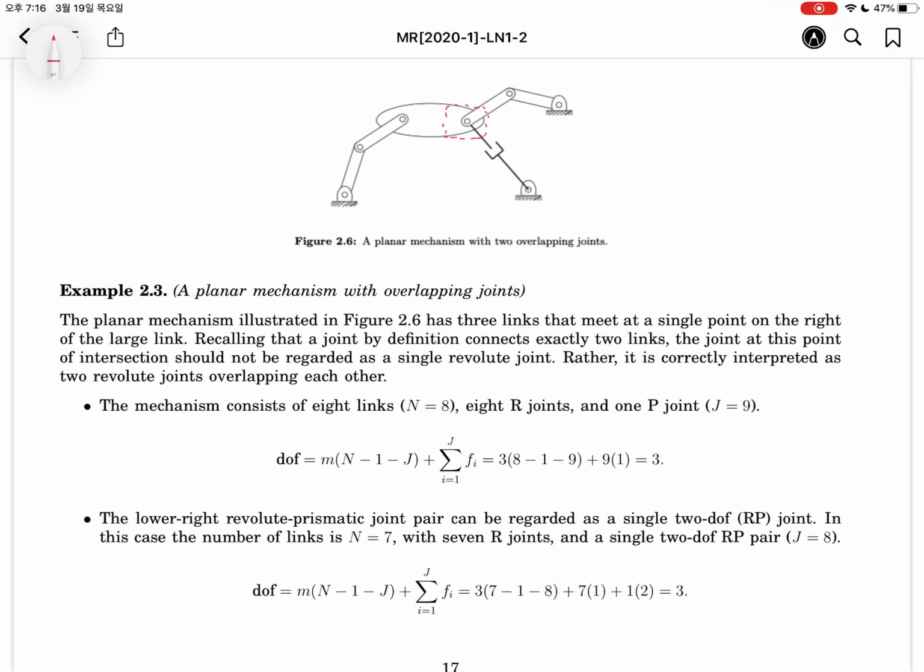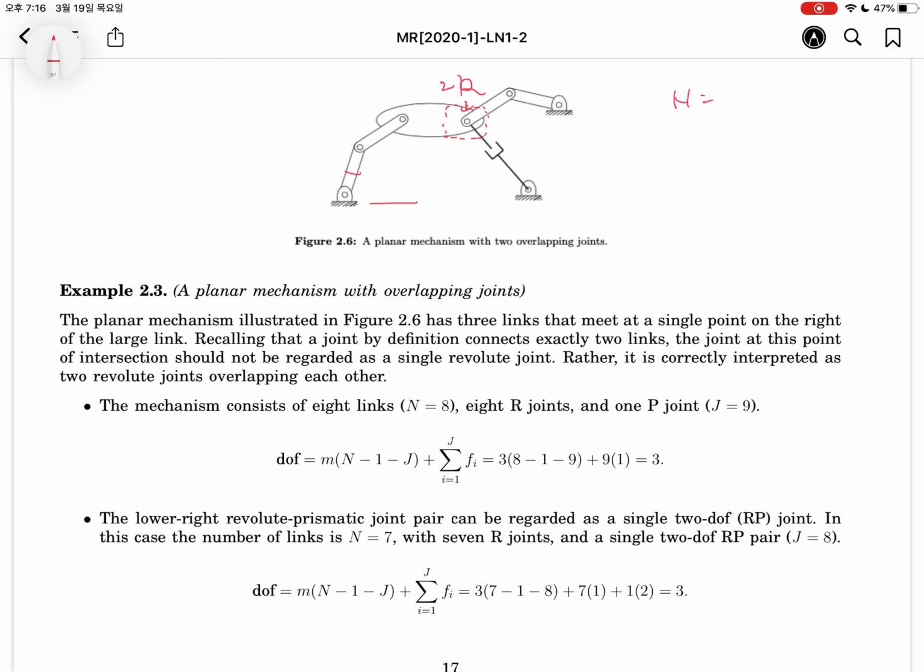It makes some problem. So let's assume that the joint is stacked: 2 joints are stacked to connect 3 links. Okay, let's count. It has 2 revolute joints here to connect 3 rigid bodies.